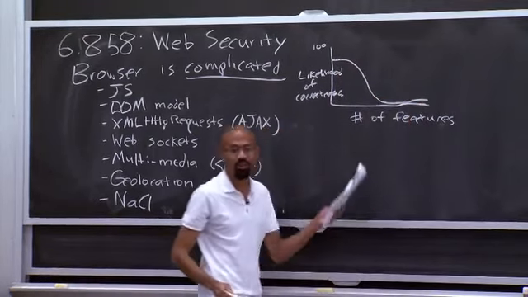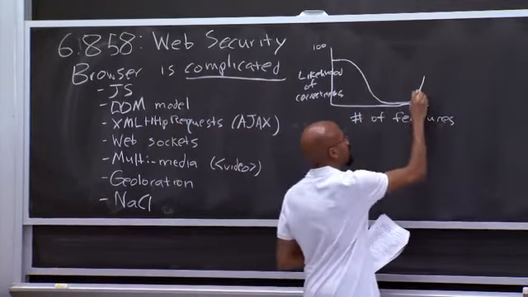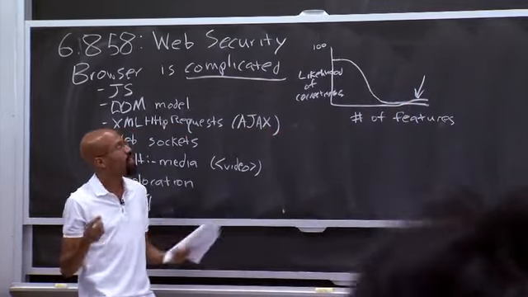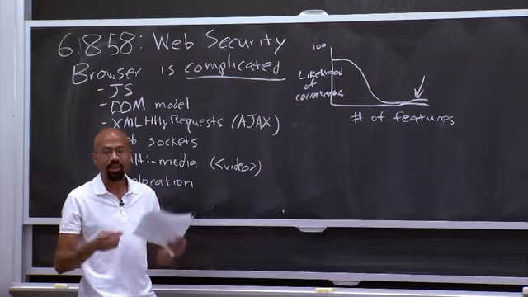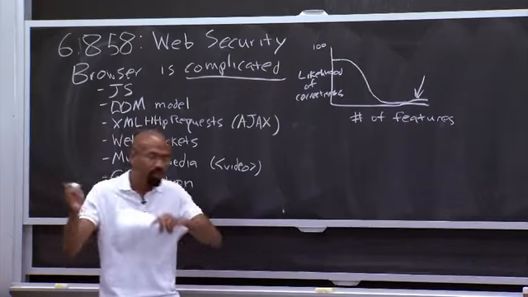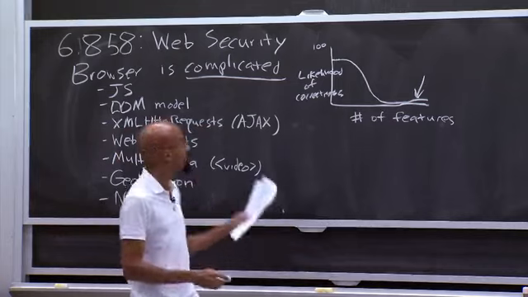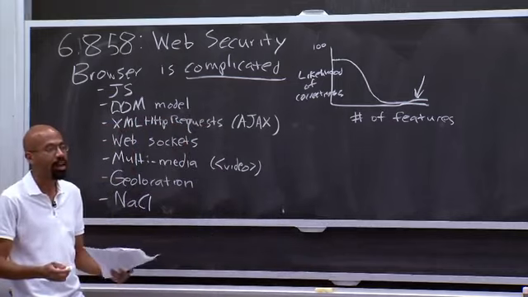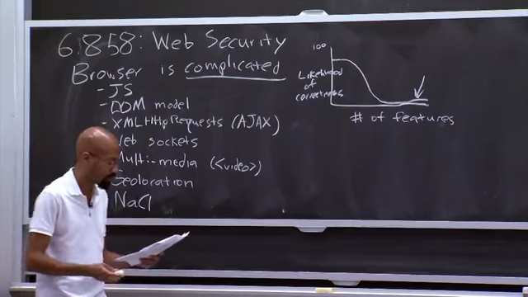So essentially the curve looks something like this, and web browsers are right over here. As we'll discuss today, all kinds of wacky security bugs arise constantly, and as soon as the old ones are fixed, new ones arise because people keep adding new features, oftentimes without thinking about what the security implications of those features are.